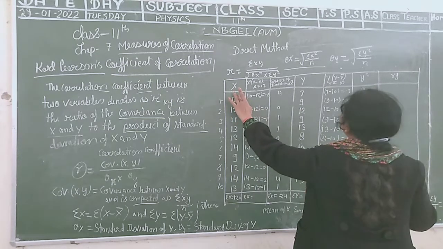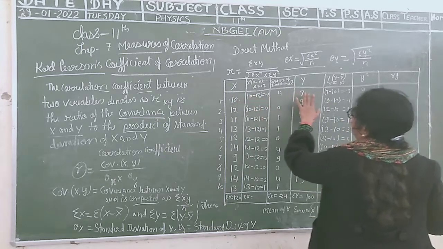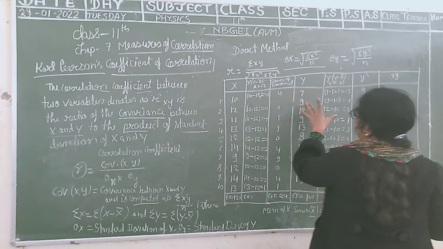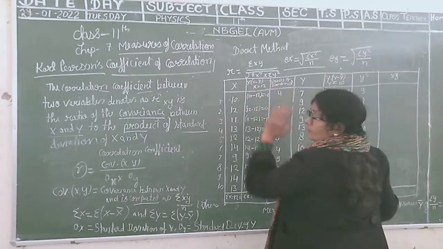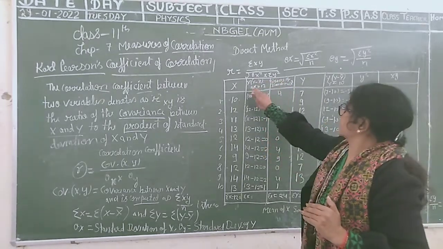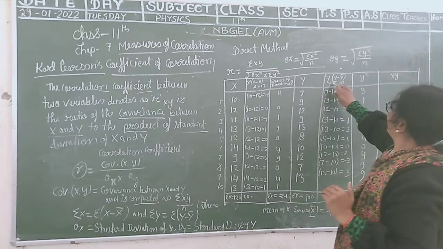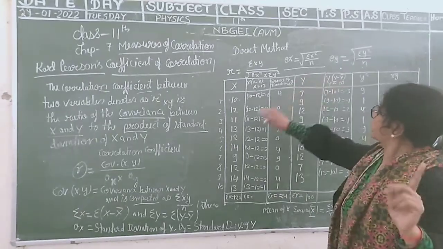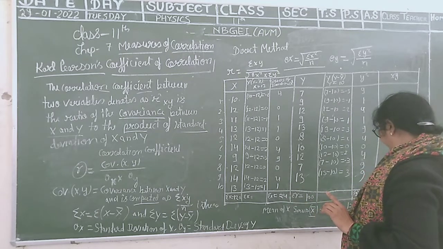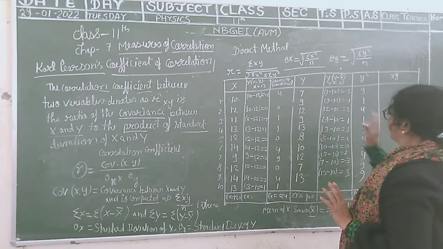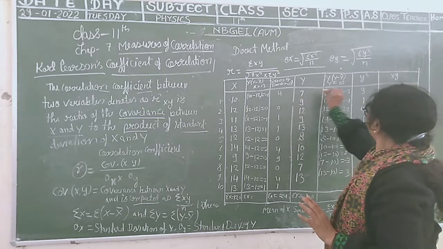This is the x and this is the y. Sorry, 7 and 10 and 7, 12 and 9. This is the x and y. But we want x and y. Understand? It means 24 and 50. Okay? 24, 50.